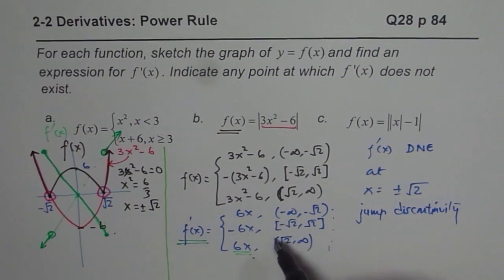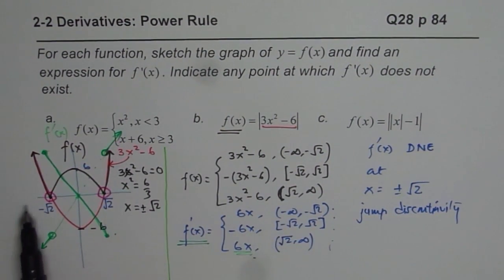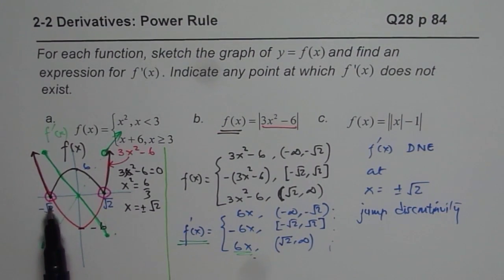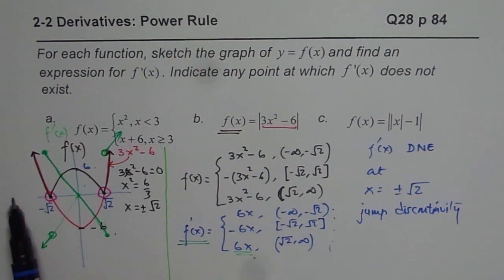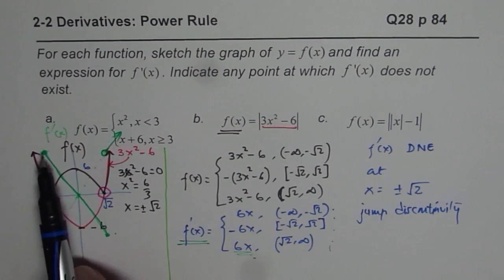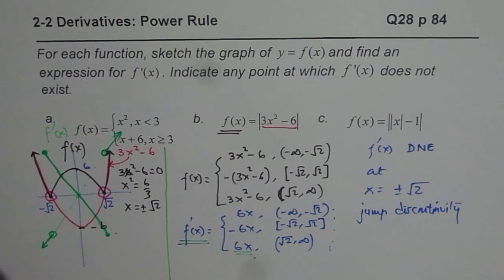So it is negative when you are approaching from minus infinity to minus square root 2, and becomes positive thereafter till 0, and it changes, right? So we can say that the function is not differentiable at plus minus square root 2. I hope that helps.